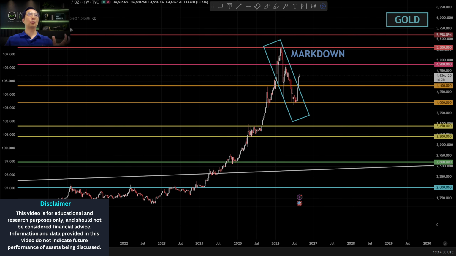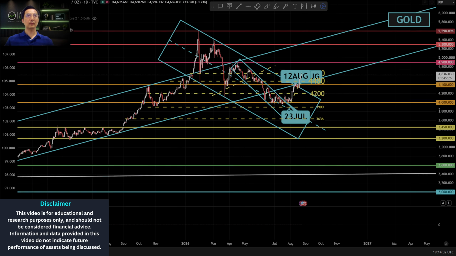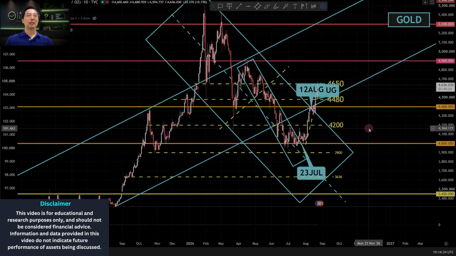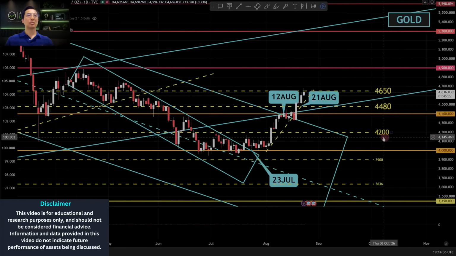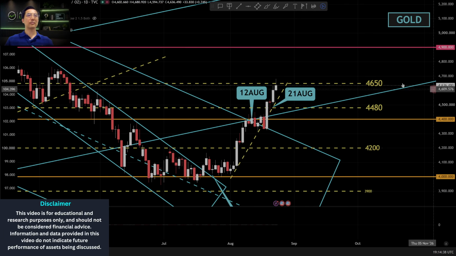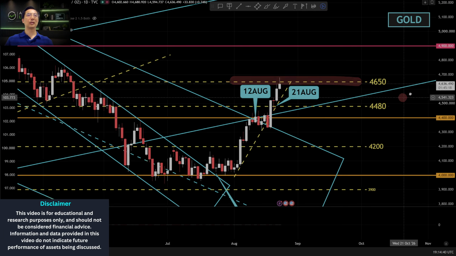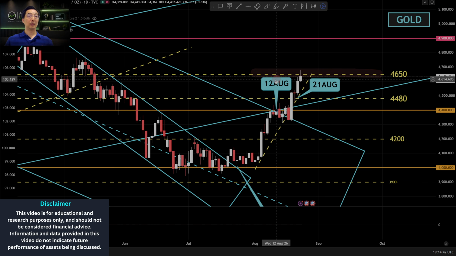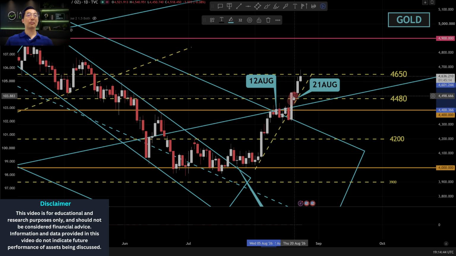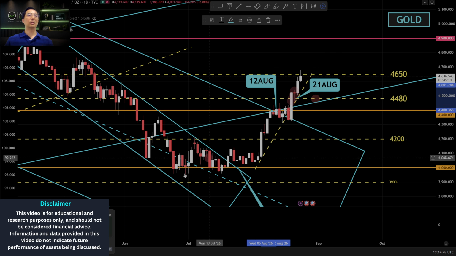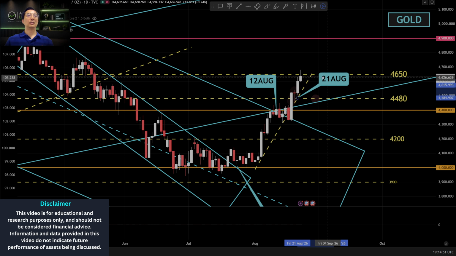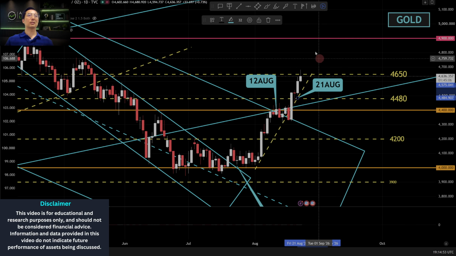Okay, how about the short-term trend then? The short-term trend, going back to the 4650, this resistance level that we talked about last session. So the decision came in that it pushes the price above the 4480, like we said, around the 21st of August.